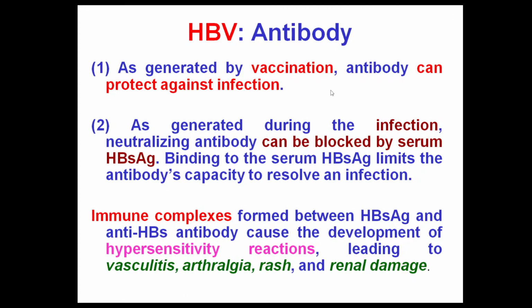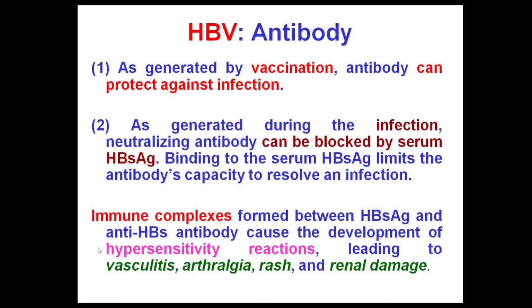Antibodies generated by vaccination are very protective against the infection. They can block the infection because they are neutralizing antibodies. They prevent the entry of the virus, the binding of the virus with the receptor, so it prevents the infection.